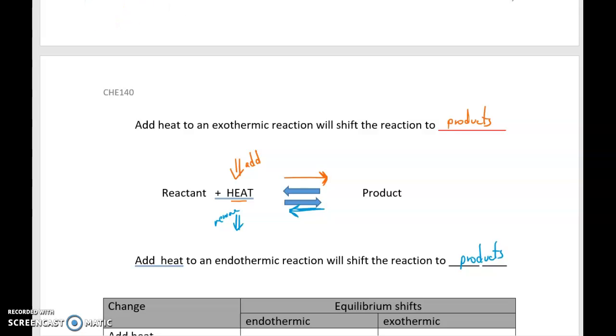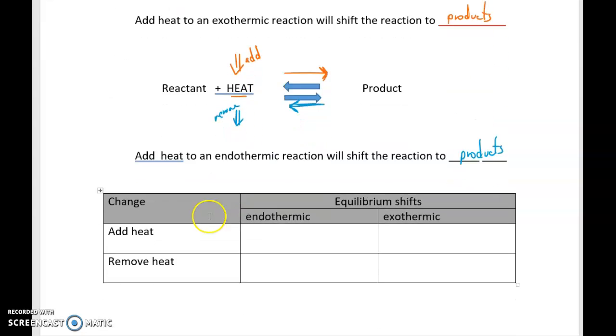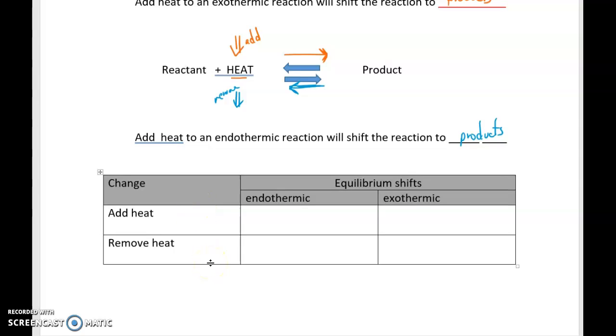So this is our summary table. If we add heat to an endothermic reaction, we favor the products. We remove heat, we favor the reactants.